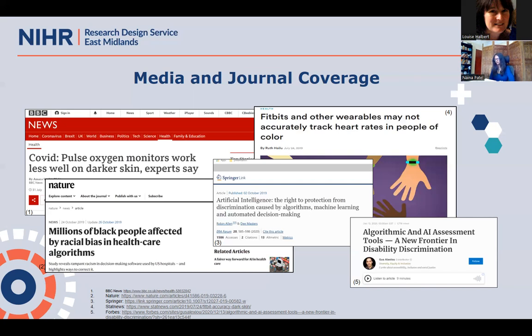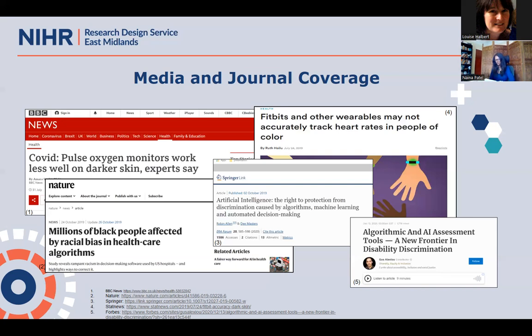This is because devices beam light through the blood and skin pigmentation may affect how light is absorbed. Clinicians are increasingly becoming aware of the potential errors or inconsistencies associated with these monitors. And in the BBC article, a clinician in a hospital discusses how he frequently comes across these monitor errors in Black patients.